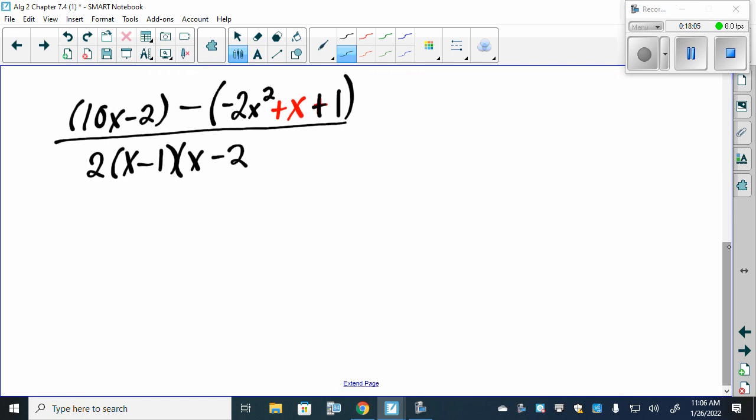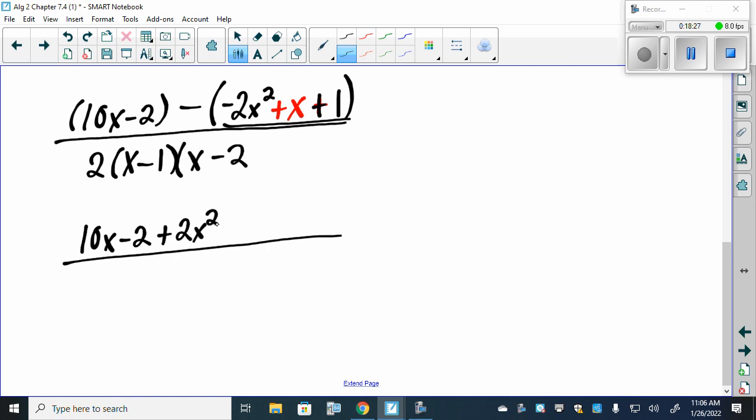Well, the 10x minus 2 isn't going to change, but because we're subtracting everything inside of this set of parentheses from the 10x minus 2, the signs are going to change. Because if I subtract a negative 2x squared, the negative and negative become positive.